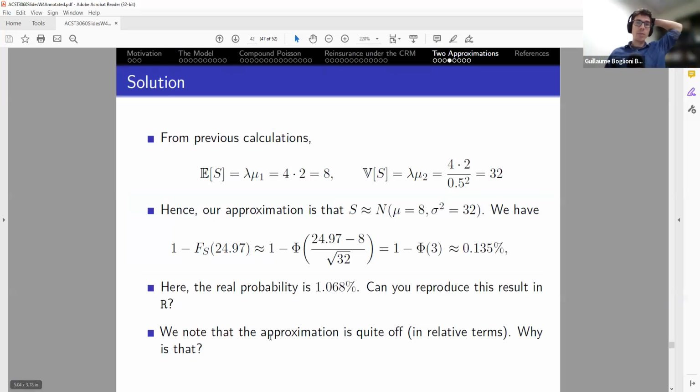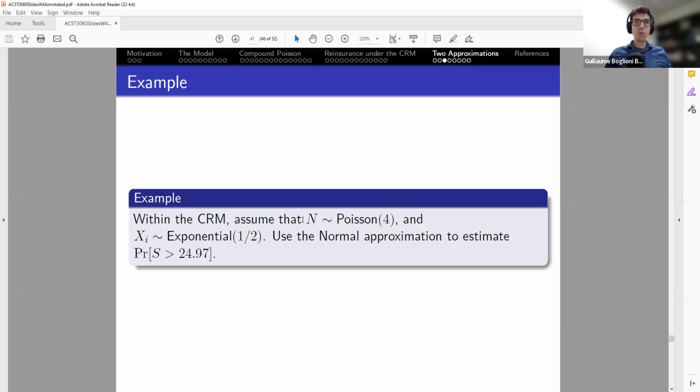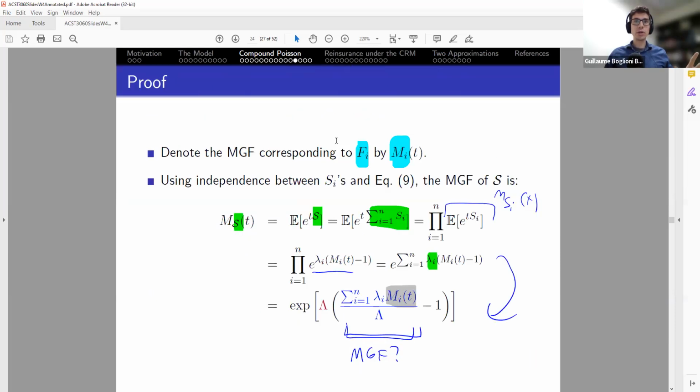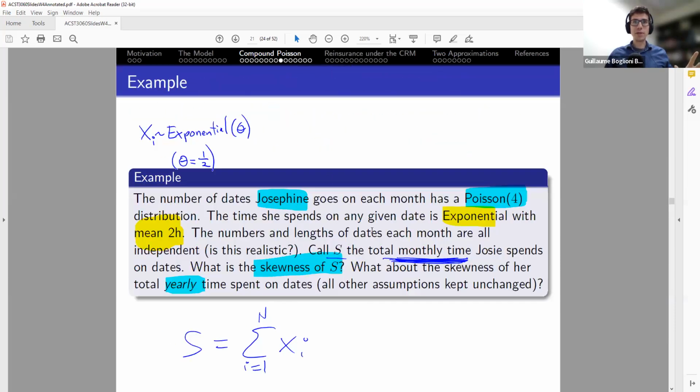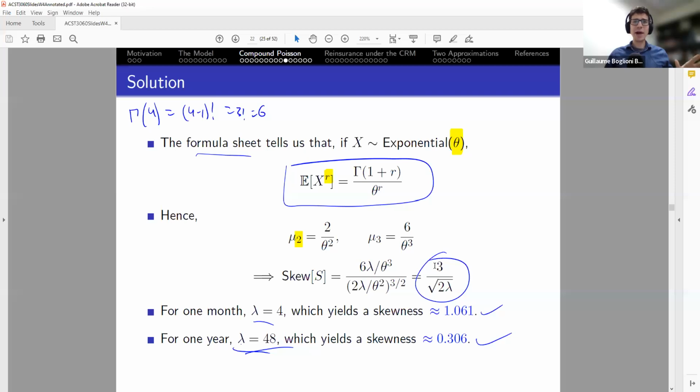Now, just as a comment, the approximation is quite off, as we said. Why is that? I think it should make sense, especially because we know the skewness of S in this specific context. If you recall an example we did before with exactly the same context, another of those Josephine examples, we had Poisson frequency and exponential severity, and we found that the skewness was this expression in terms of lambda.